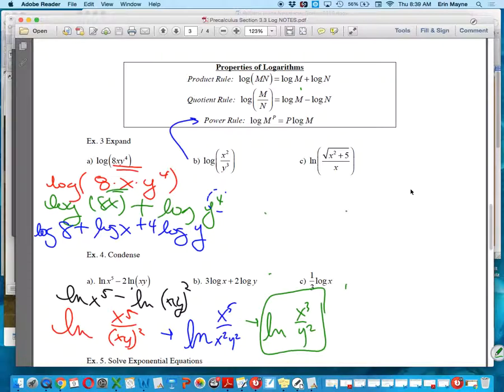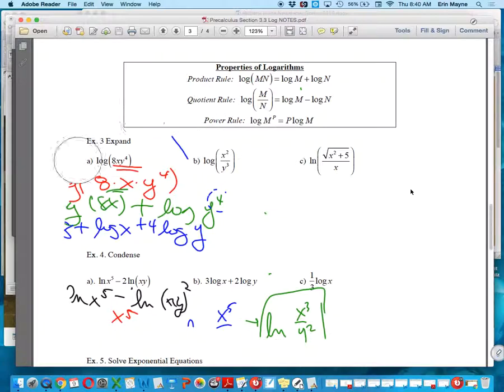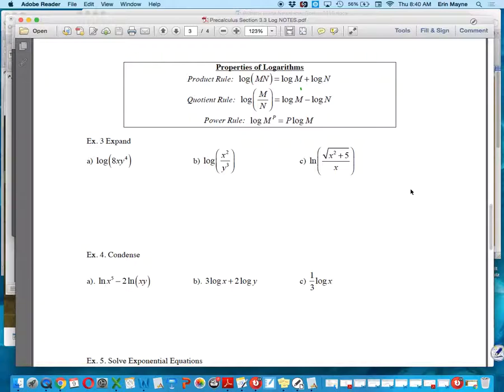Go. Both BCs. Squared as well. Yeah, so it'd be 2 log x minus 3 log y.